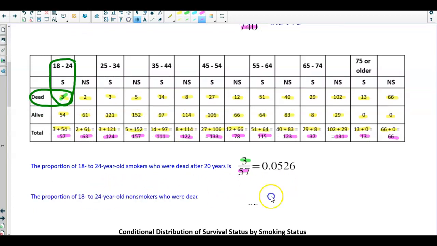Okay, the next question says, what is the proportion of 18 to 24-year-old non-smokers, NS here, who were dead after 20 years?